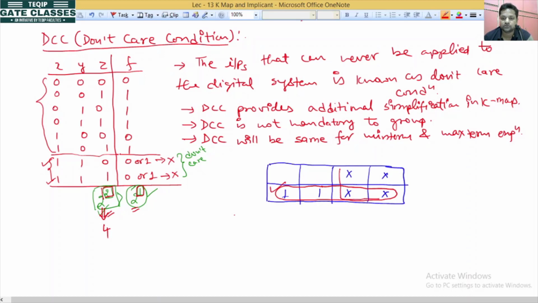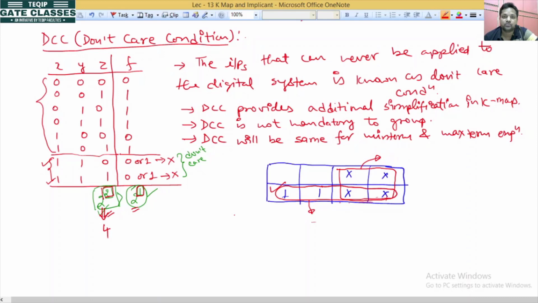Now the next grouping will be this one, but in this one we have only don't cares. So it is not necessary to group all the don't cares together without having any one. Because it will give one additional term in the Boolean function: one term from this quad and one term from this quad.